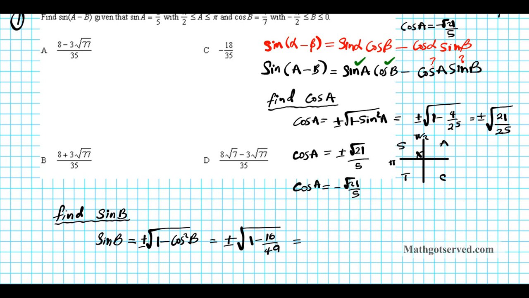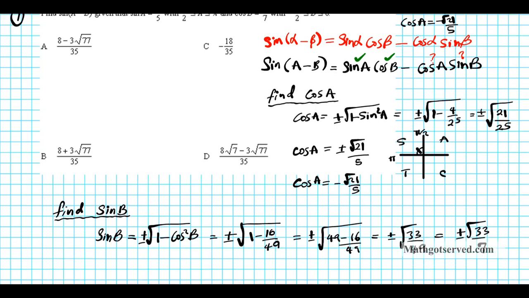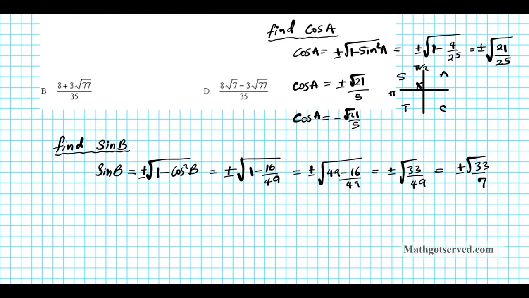So this becomes plus or minus the square root of 49 minus 16 over 49. That becomes plus or minus root 33 over 49, and when we break it apart, it's plus or minus root 33 over 7. So the question now is, is sine B positive or negative?